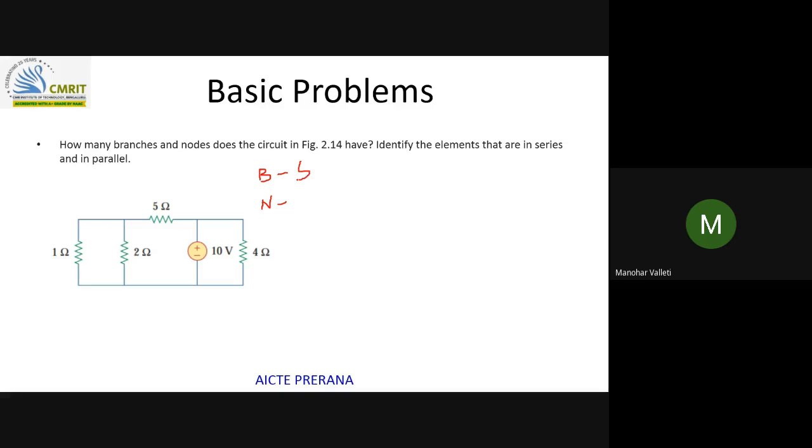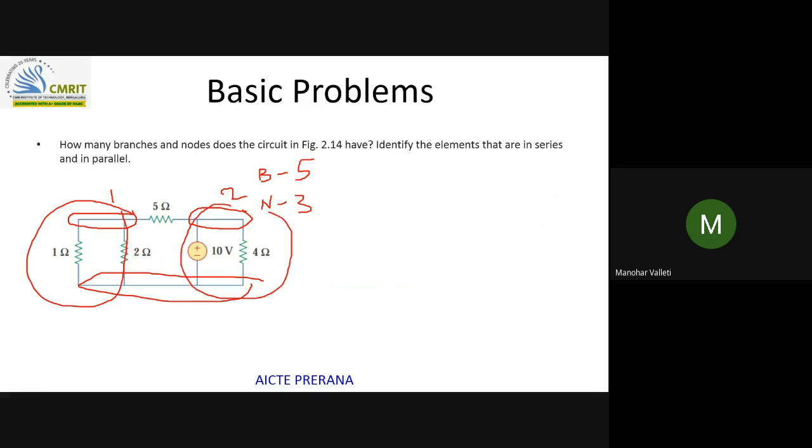Yeah, 5 branches. Nodes? So 5 nodes: this is 1, this is 2, this is 3. And parallel and series, anyhow you understood. So 1 ohm and 2 ohm are in parallel, 10 volts and 4 ohm are in parallel. So the entire this and this will be in series, right?